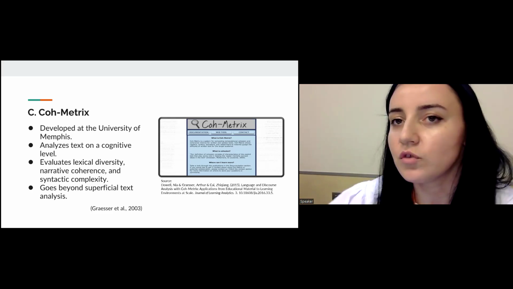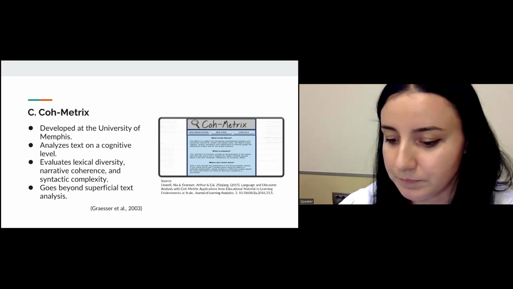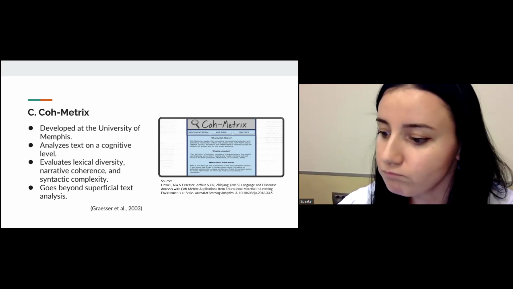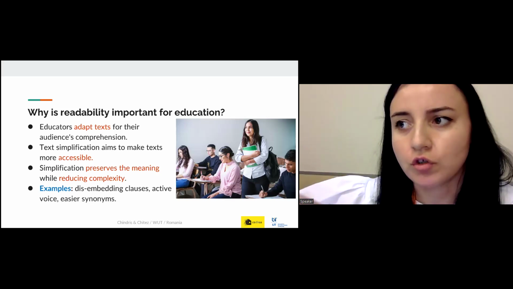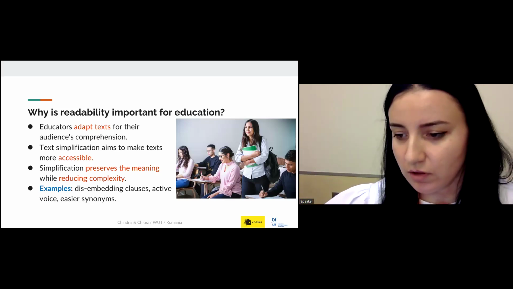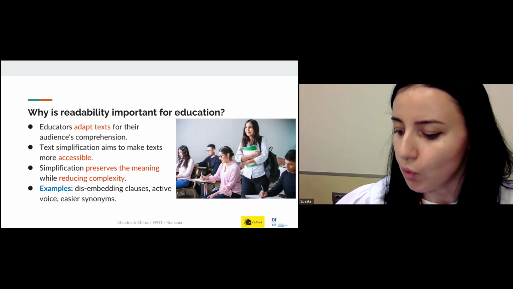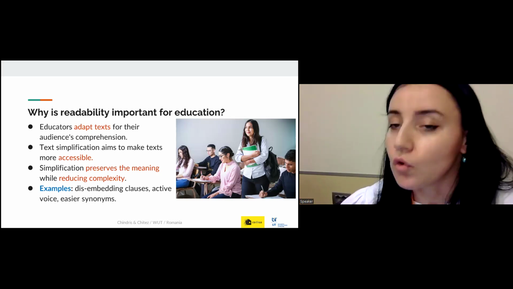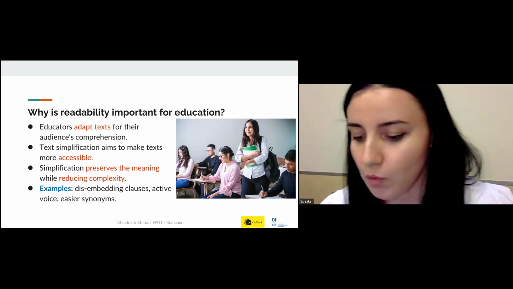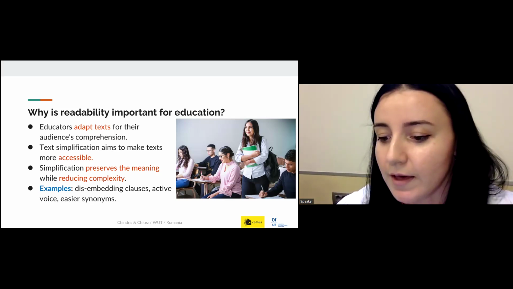So it goes beyond the superficial level of text analysis. You need an account, you introduce your text, and it gives you the scores. I'm referring to Coh-Metrix. It's really interesting.